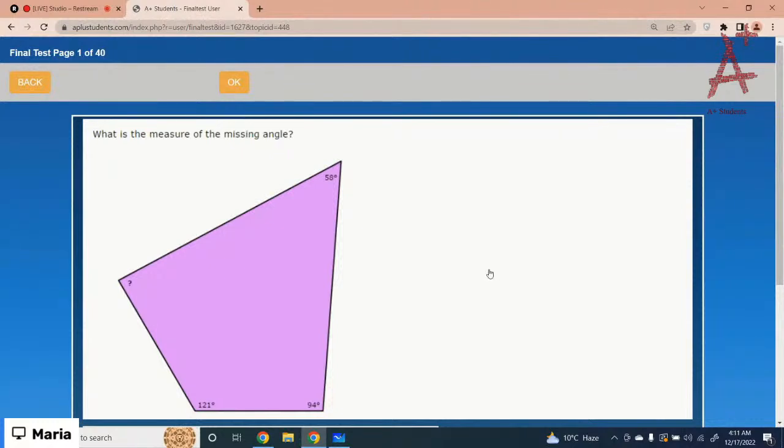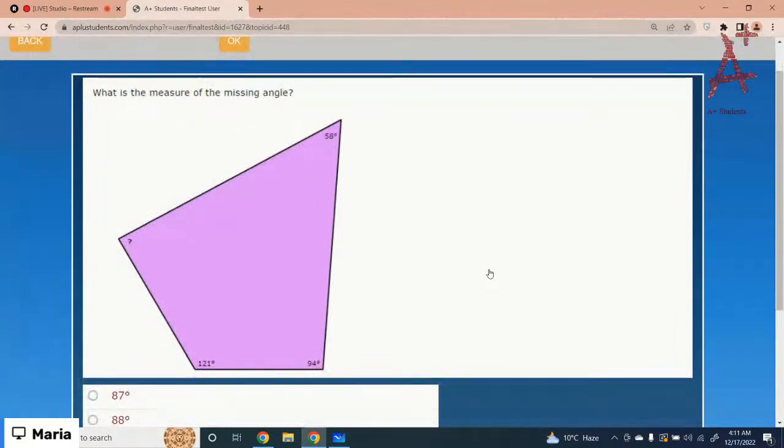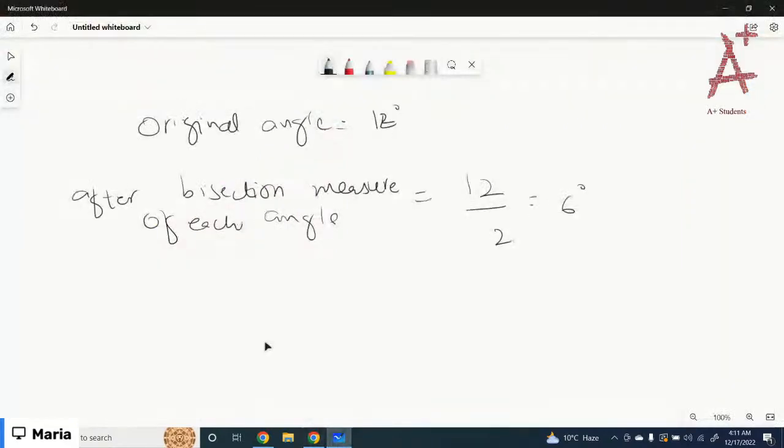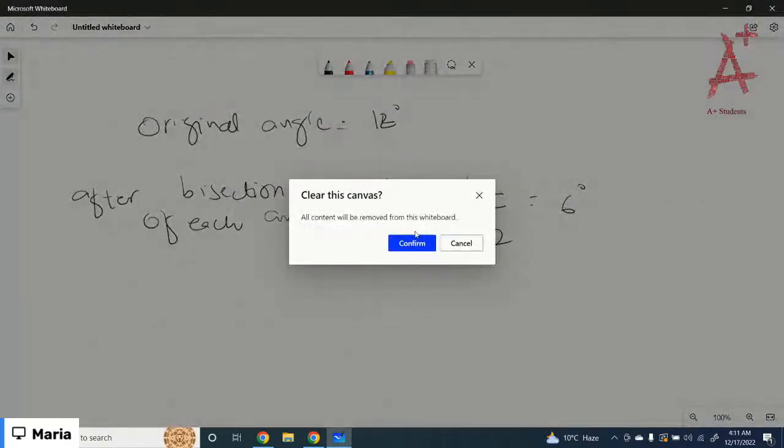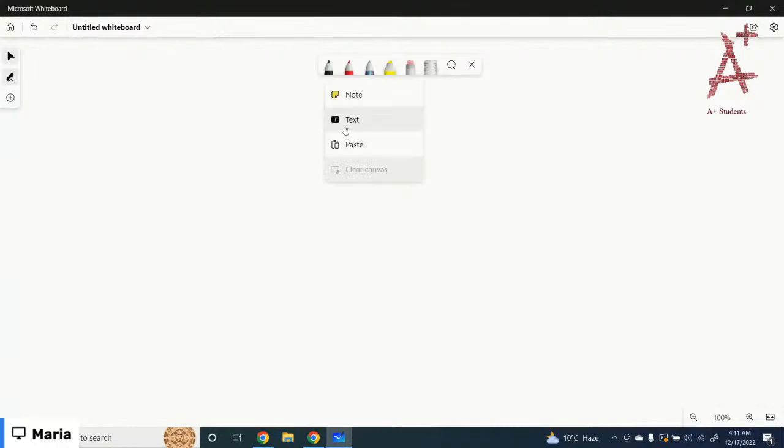Okay, what is the measure of the missing angle? So it is a four-sided shape. Let me write down the lesson name.